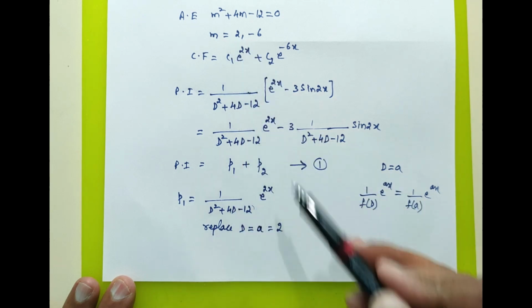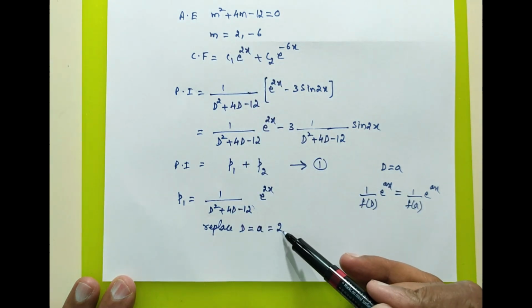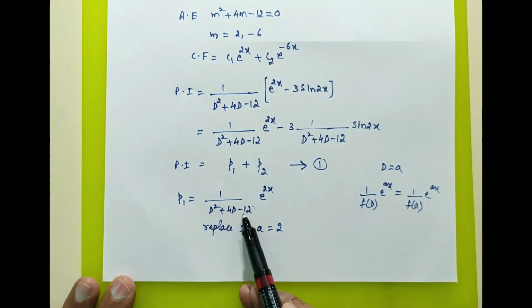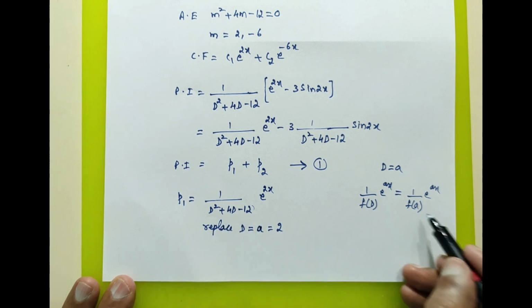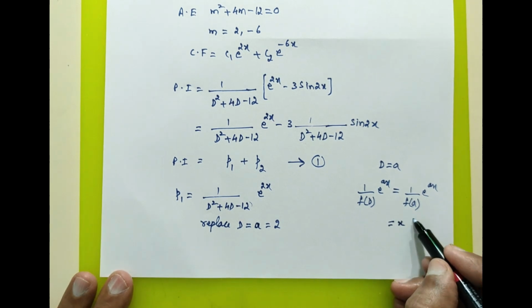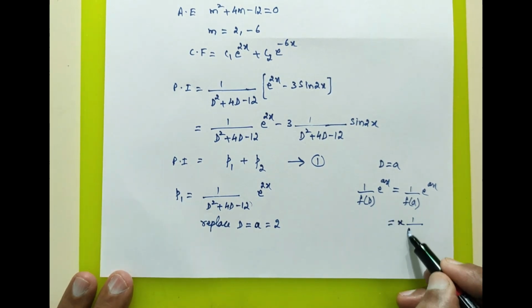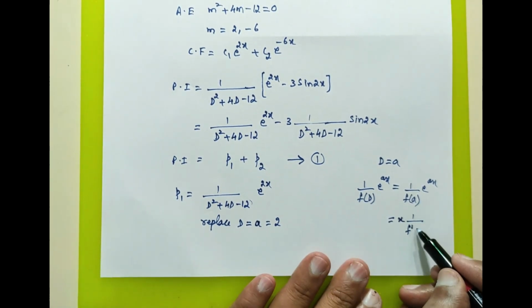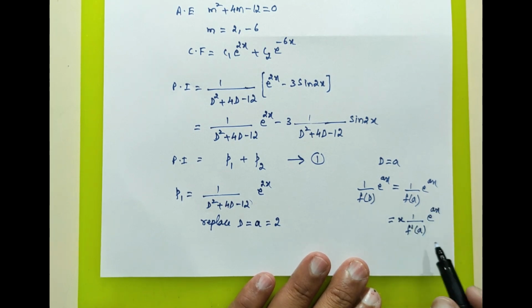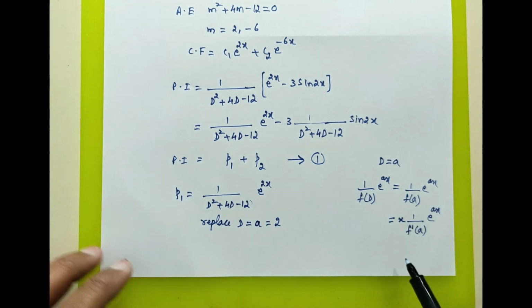Since it becomes 0, you have to multiply by x, differentiate the denominator, write f'(D) and replace D by a into e^(ax). This is the procedure when the denominator becomes 0.